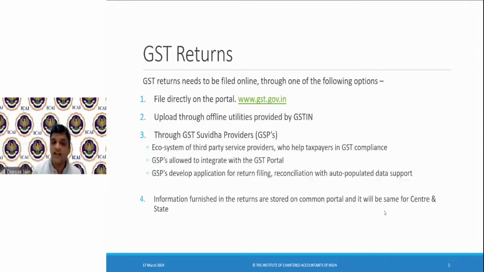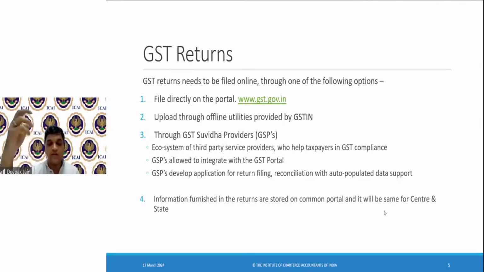What are offline utilities? Can you give an example? Right. So if you have seen that बड़ी कंपनीज में बड़े डेटा होते हैं ना, उनके डेटा जो है मैन्युअली फाइल नहीं कर सकते. 5, 10, 50, 30, 100 लाइन आइटम्स तक आप मैन्युअली फीड कर सकते हो. उसके ऊपर आप एवरी मंथ डूइंग दैट मैन्युअल फीडिंग बिकम्स प्रॉब्लम. तो क्या होता है, जीएसटी पे एक जेसॉन फाइल आता है. उसमें क्या कर सकते हो, आपके जो भी डेटा है एक्सेल में, आप उस डेटा को उस ऑफलाइन यूटिलिटी में डाल सकते हो. इट्स लाइक अ नॉर्मल एक्सेल शीट, लेकिन थोड़े एक्स्ट्रा फीचर्स रहेंगे, वेयर इट विल वैलिडेट द डेटा कि आपके डेटा करेक्ट है या नहीं है.